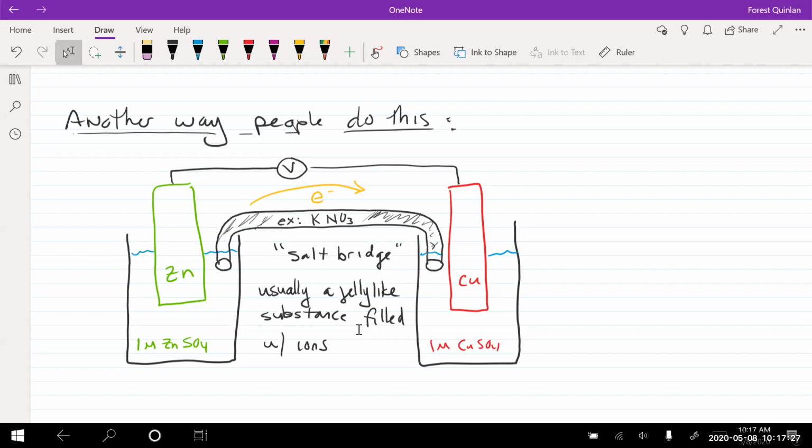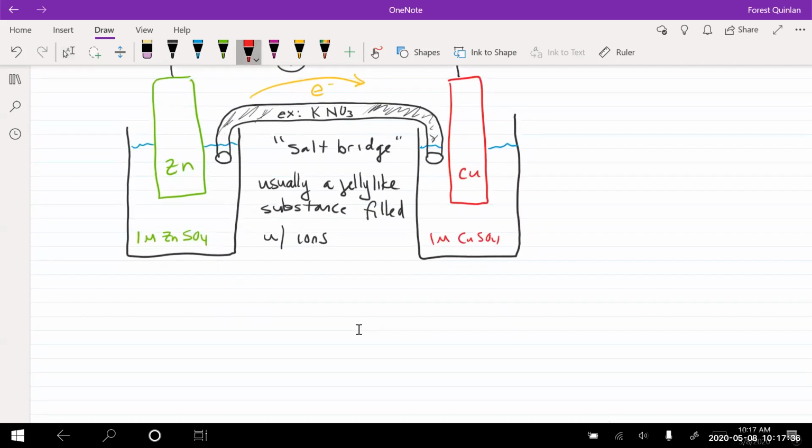So the KNO3 reacts with the sulfate? No, does not react, right? So if you have a sulfate, I'll actually go ahead and put it in words here. Sulfate tries to move to zinc.